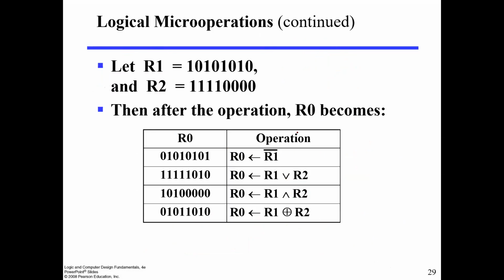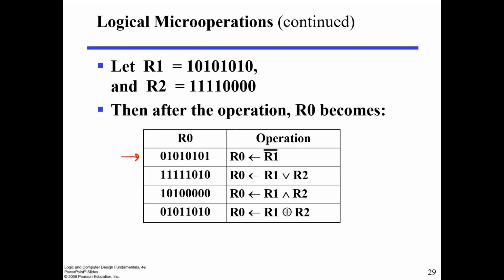Okay, an example for the logical operations. Let's say R1 equals this value, R2 equals that value, and then we will have R0 as the destination in all of these operations. So in the table, this is the value of R0 after the operation has been executed. So if R0 equals the complement of R1, we will take R1 and complement each bit.